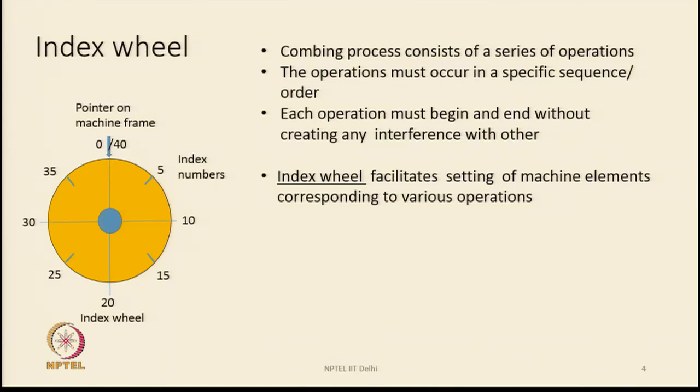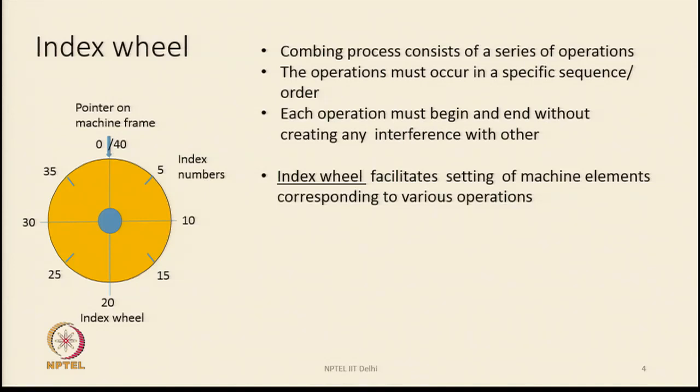We cannot have those operations arbitrarily, one done any time with respect to the other. They have to be performed in a very specific order, and to help in setting the various operations relative to each other, we have a wheel which we call the index wheel.